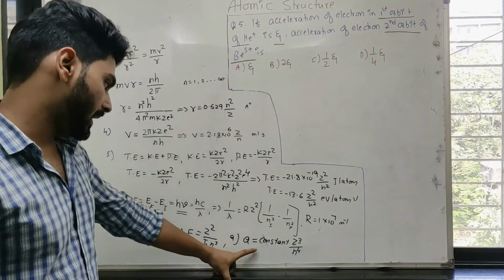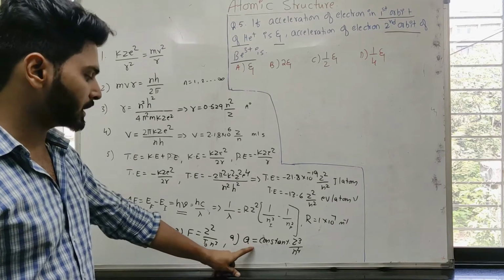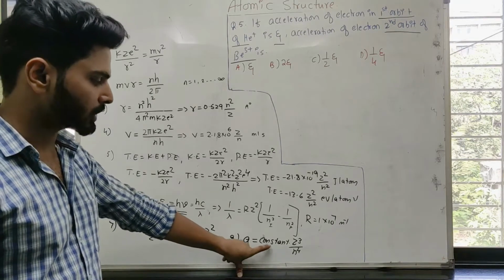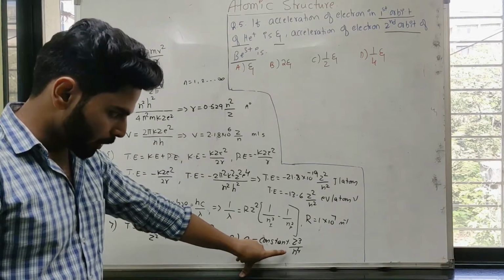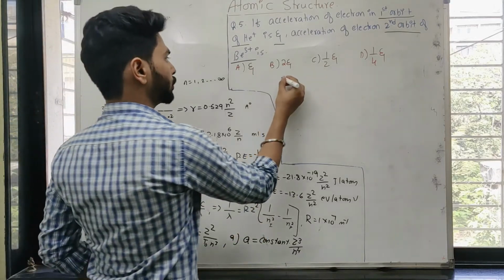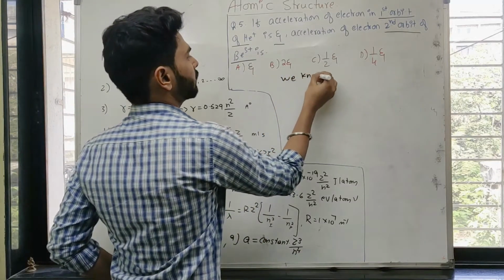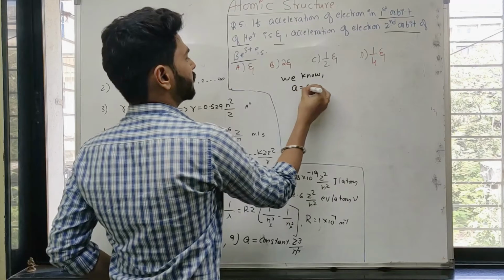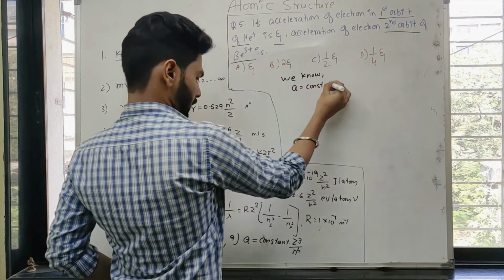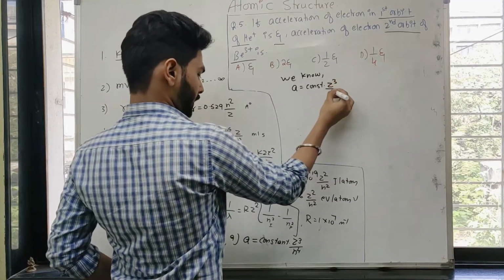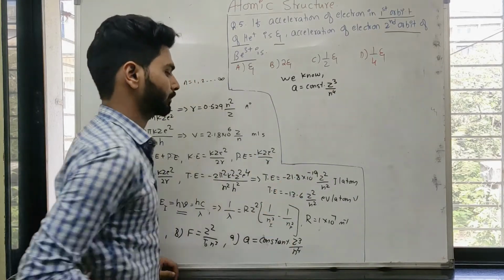Now for acceleration we know the formula. Acceleration is equal to some constant into Z cube upon n power 4.